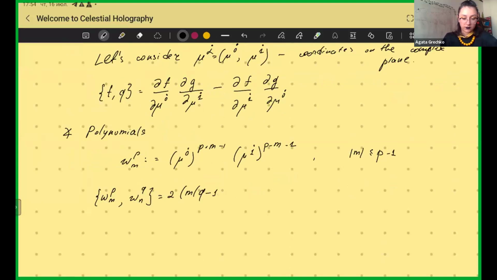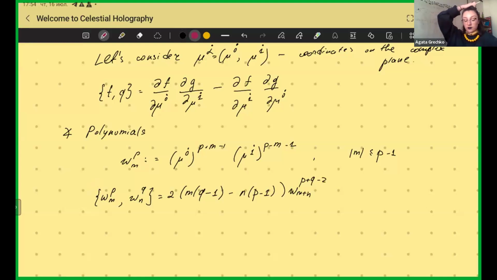So the indices here, W m plus n equals q minus 2. Okay.